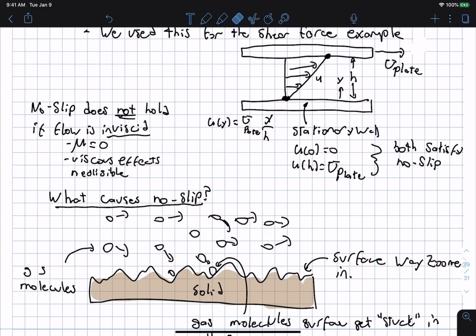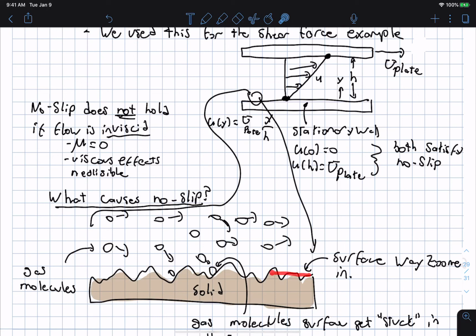But now what causes no slip? Well, at the molecular level, we can zoom into a surface here. So I could sort of zoom in, and this would be a picture at the surface right here. And even at the molecular level, the surface of a solid is all craggy, like that.